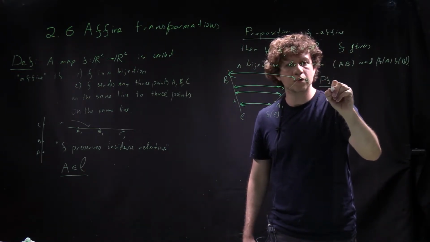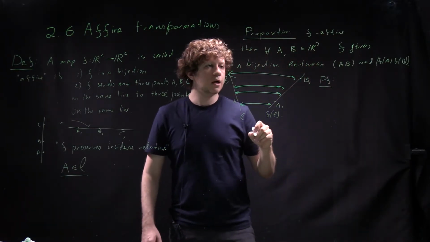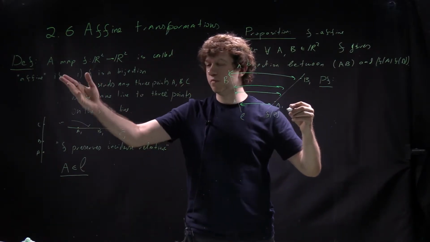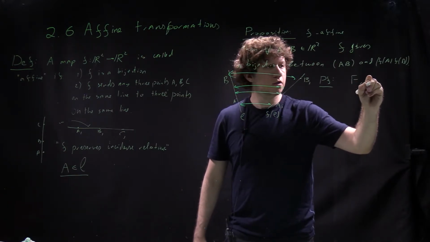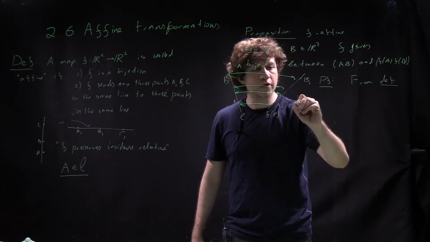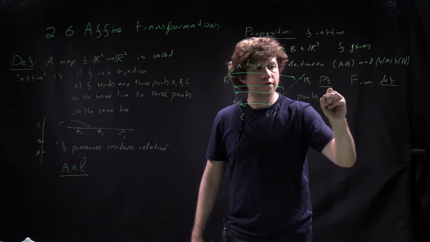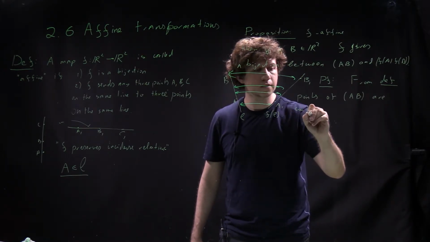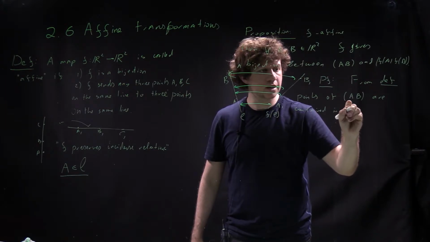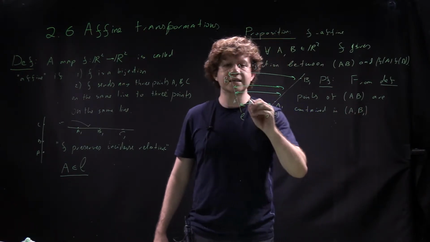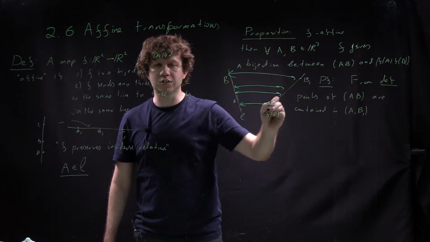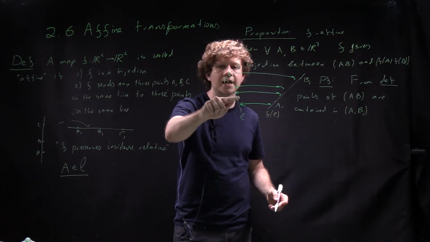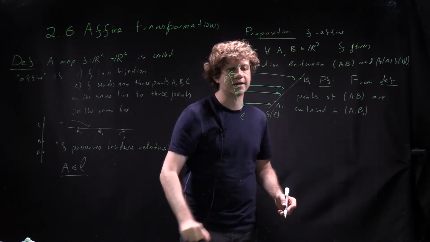Proof. From the definition, points of the line AB are contained in the line A1B1. The fact that points on the line AB go to points on the line A1B1 is obvious, because any such point lies on the same line as A and B, so its image should lie on the same line as A1, B1.